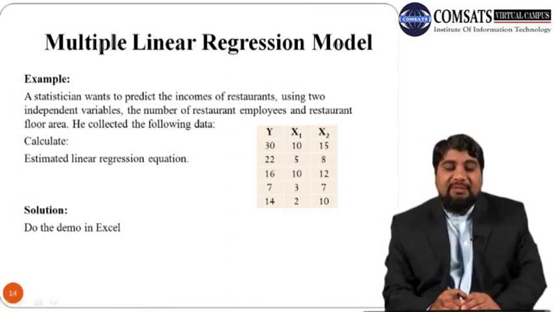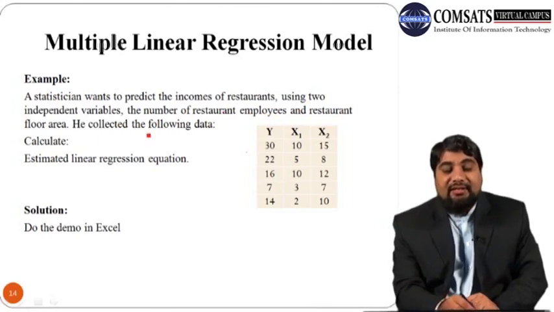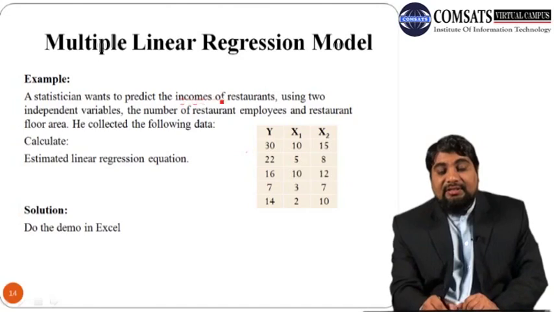So let us discuss one example. A statistician wants to predict the incomes of restaurants using two independent variables: the number of restaurant employees and restaurant floor area. So he wants to predict the income of restaurants, which is labeled as y.